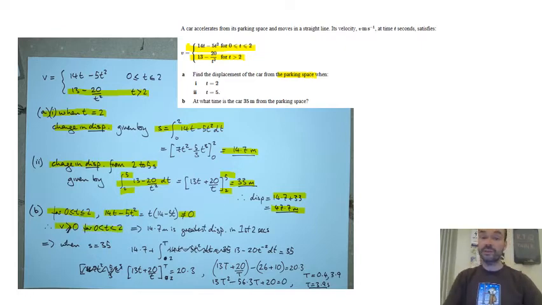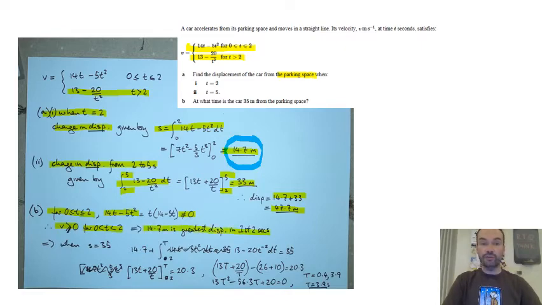Why have I worked that out? What I wanted to check was that the car hadn't travelled out from the parking space and then come back again during the first 2 seconds. I wanted to check that this 14.7 here is the furthest it gets in the first 2 seconds.